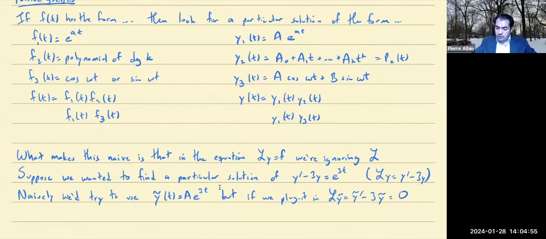So our potential particular solution didn't work because when you plug it in, you didn't get anything on the right-hand side, so you can't make that equal to e to the 3t by choosing your constant cleverly. So this will never work.